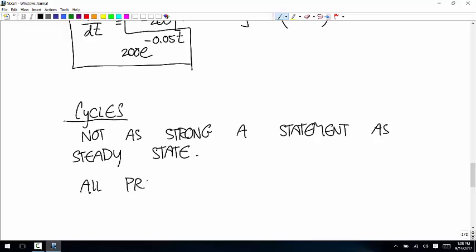So all the properties return to the starting values.